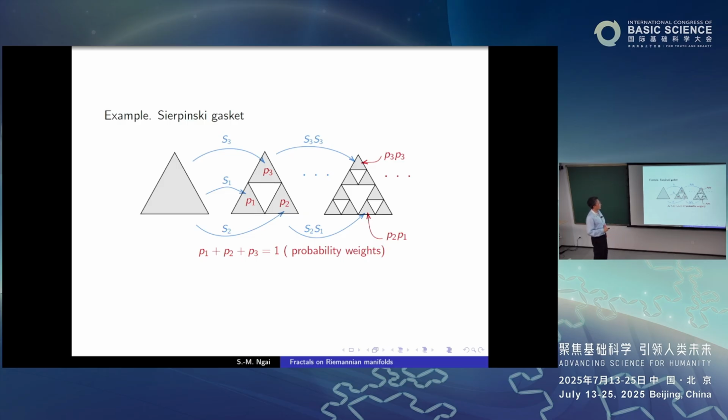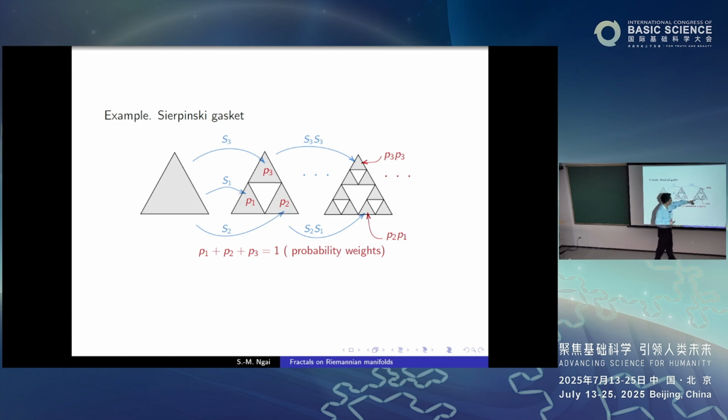To see how the invariant probability measure mu is generated, as an example, put weights p1, p2, p3. You assign weight p1 to S1, p2 to S2, p3 to S3.